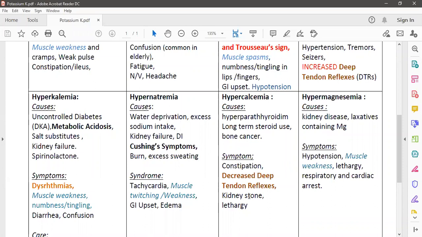Also teach the client to limit the intake of food and fluid high in calcium. Increase the fiber in the diet to prevent constipation.